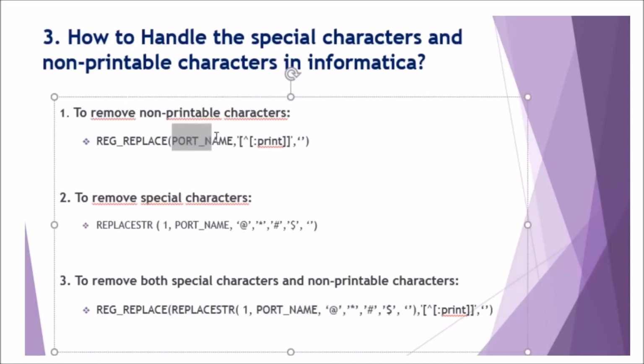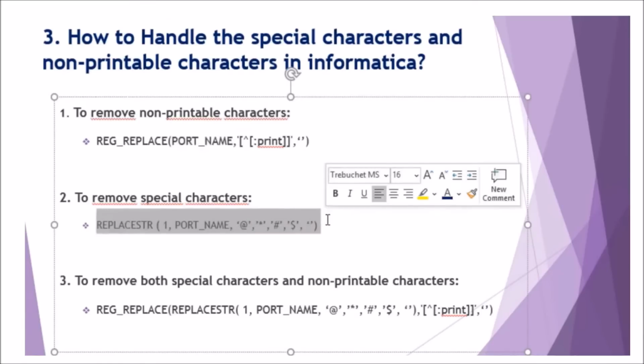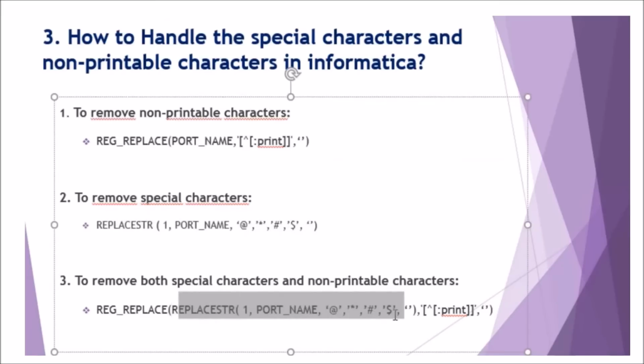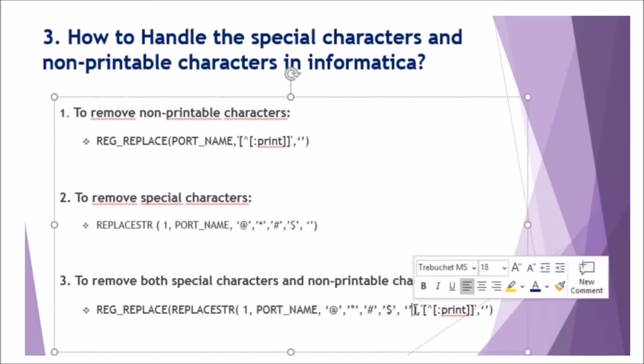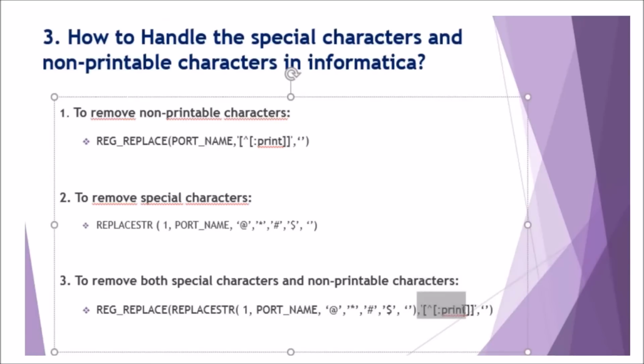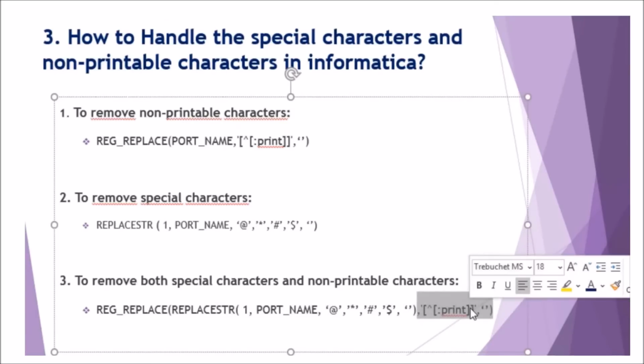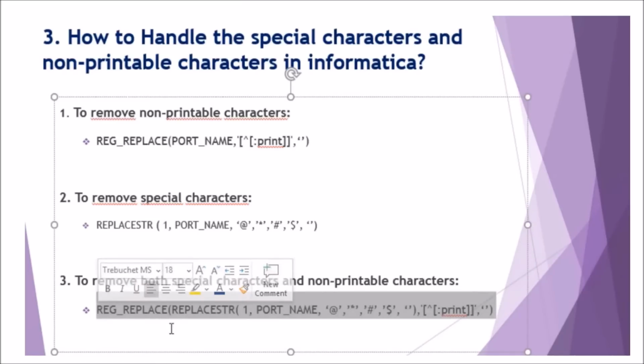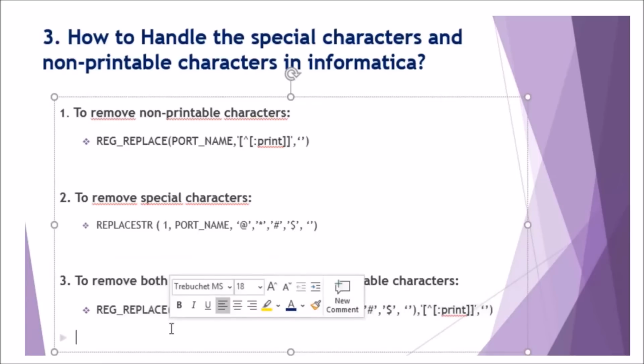So instead of port name, I'm passing this REPLACESTR function, so it removes the special characters. Whatever output we get after replacing the special characters, for that output, again it will check for the non-printable characters. If it finds any non-printable characters, then it replaces them with an empty string, and it will pass that result to the next transformation from the expression transformation.